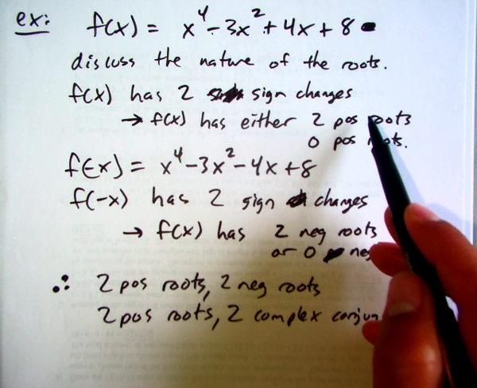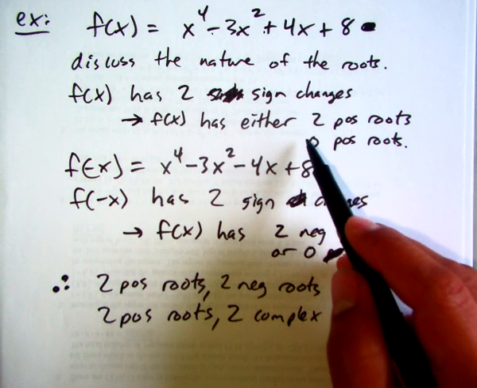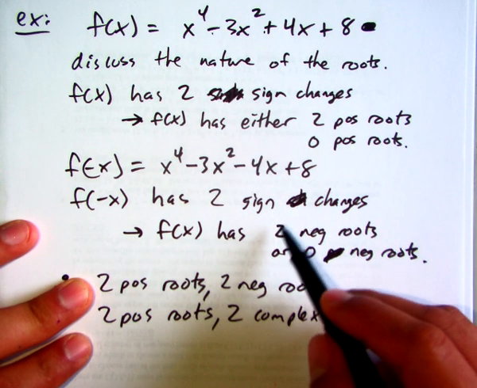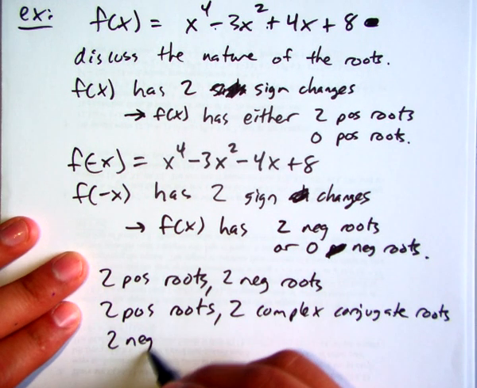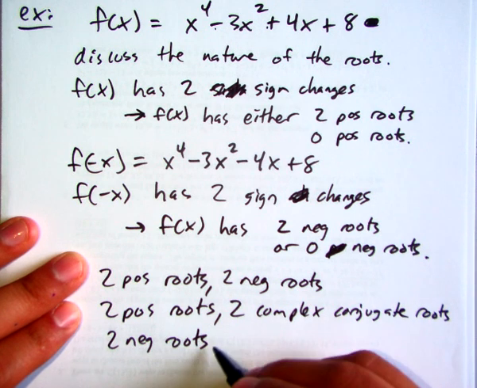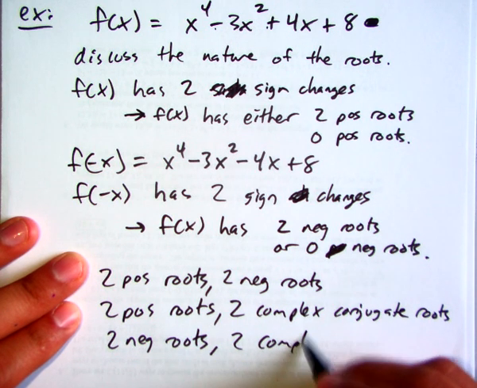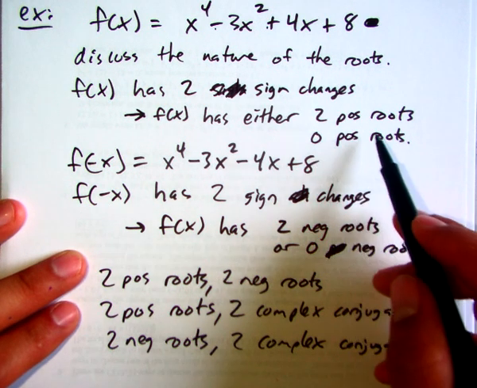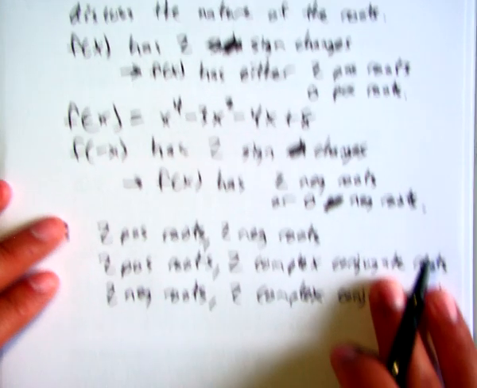The last one would be if there's 0 positive roots. If there's 0 positive roots, then I could have 2 negative roots. And again, 2 complex conjugates. Or I could have 0 positive and then 0 negative, which means I have all imaginary answers.